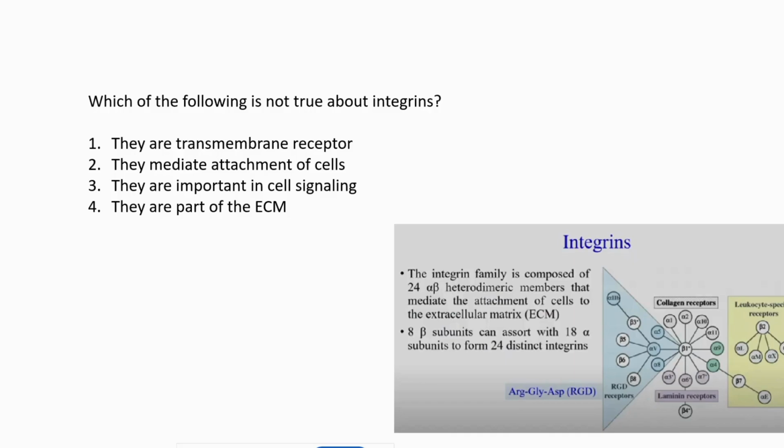Fourth one. Yes, correct. They are not part of the ECM, but they help in mediating attachment of the cells to the ECM, they are transmembrane receptors, and they also help in cell signaling. So fourth is the correct answer.